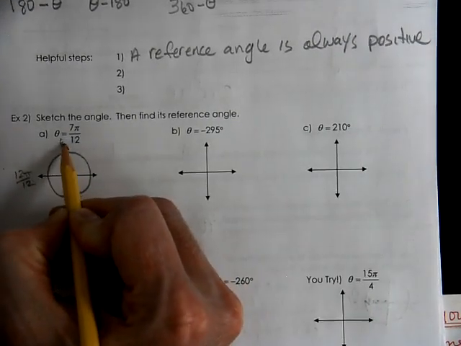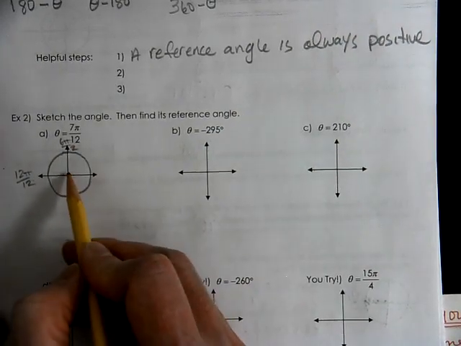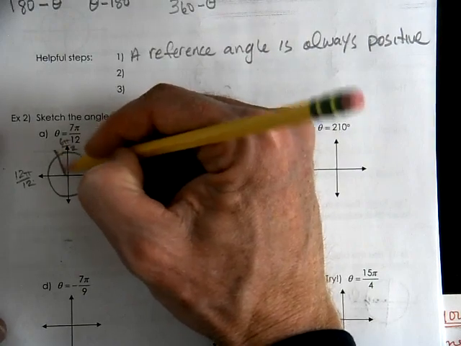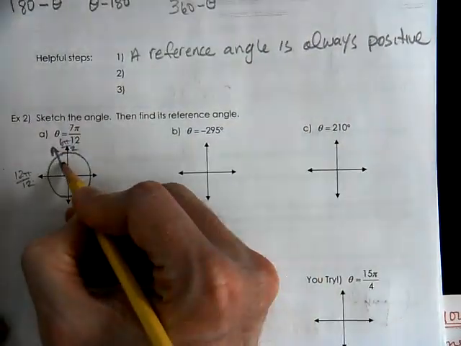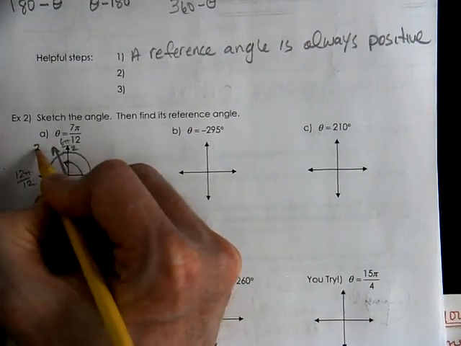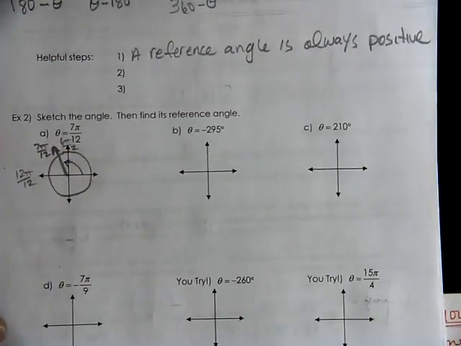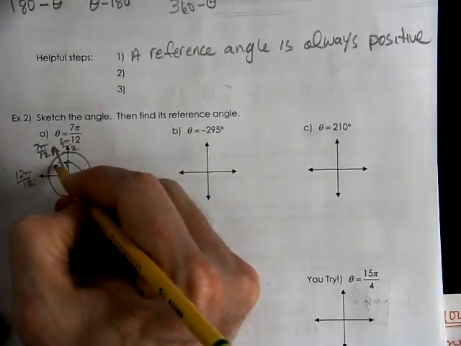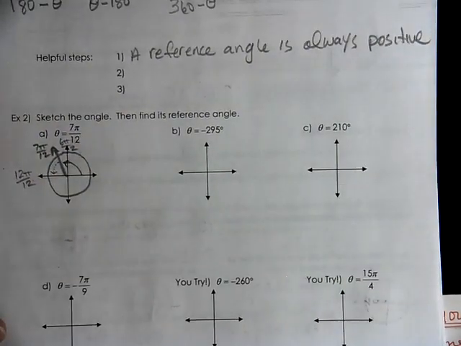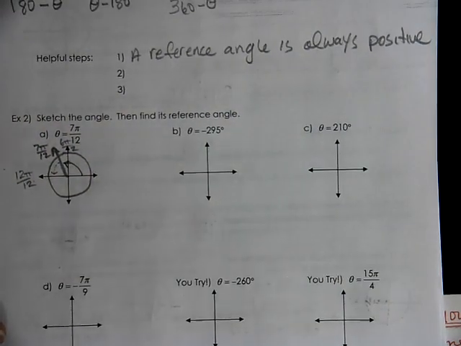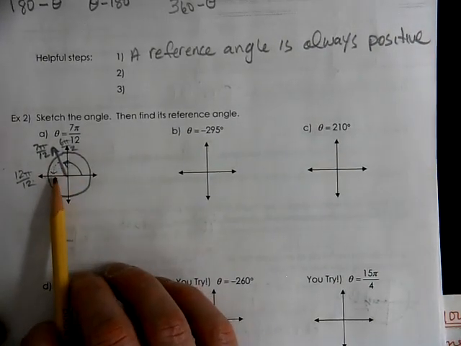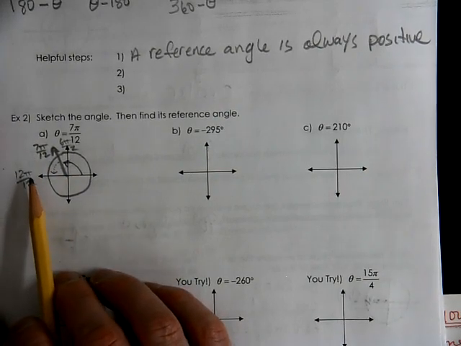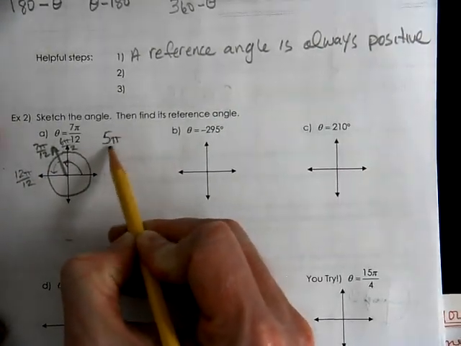We know 6 pi over 12 would be straight up. So 7 pi over 12 will be approximately right there. So how much more do you need to get down to the x-axis? How many more 12s are you missing to get up to 12 over 12? You're missing 5 pi over 12.